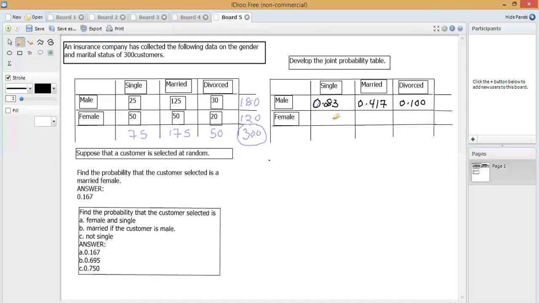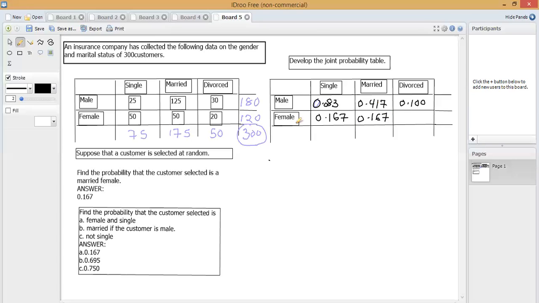That will be this portion, 50 over 300, and that will be 0.167. I said 3 decimal places. Now female and married will be this intersection, 50 over 300, which is 0.167.